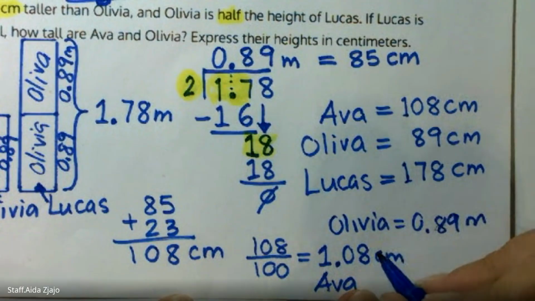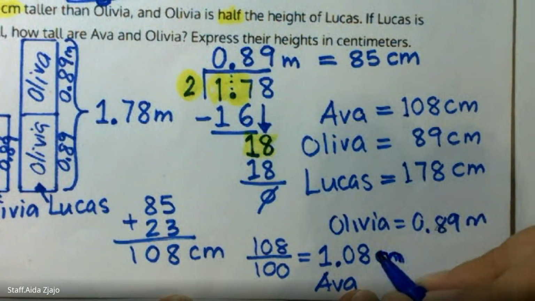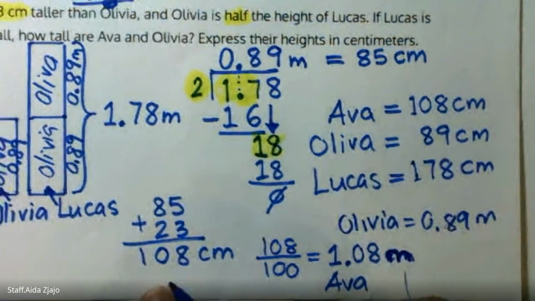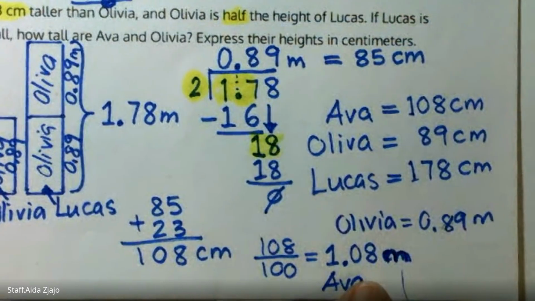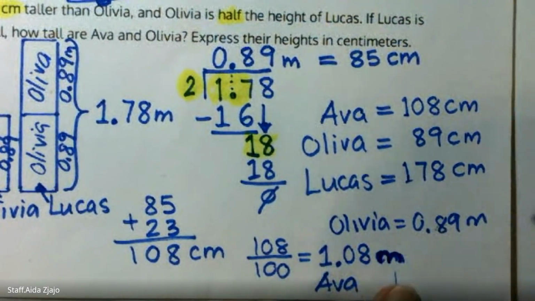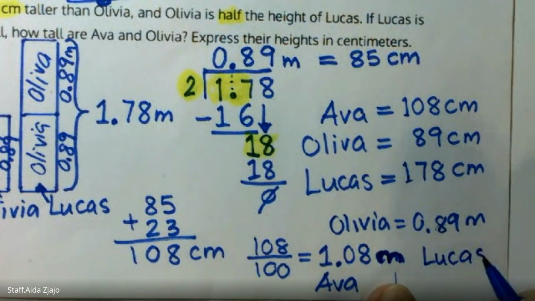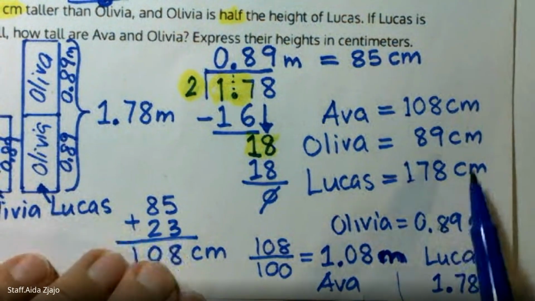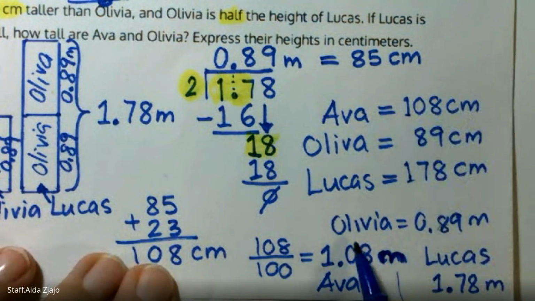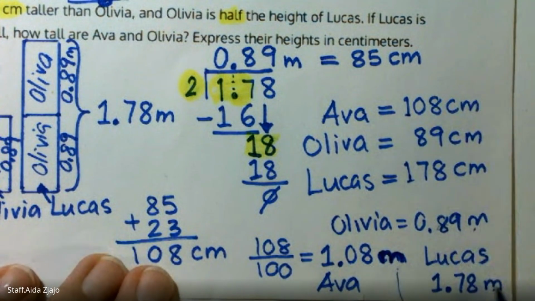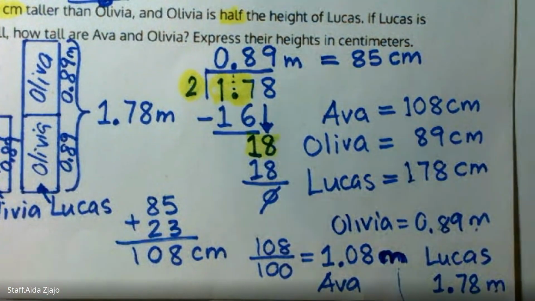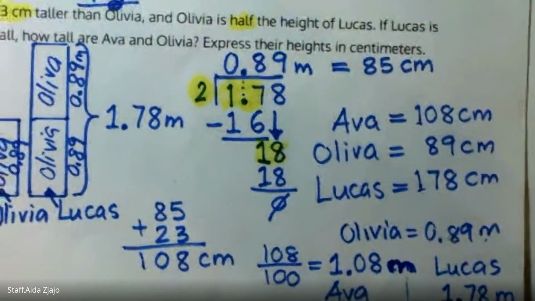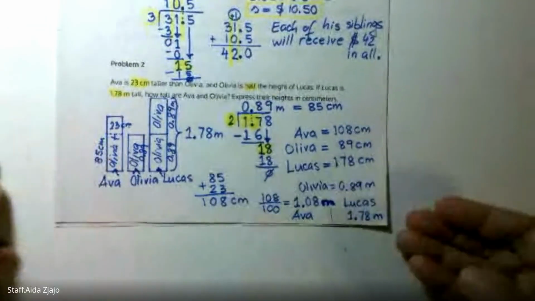Oh, this is meters, sorry. I messed that up. This 108 centimeters is 1.08 meters. And Lucas is 1.78 meters. So that's how the values look in centimeters and meters, just in case you needed to know. And so that was problem 2.